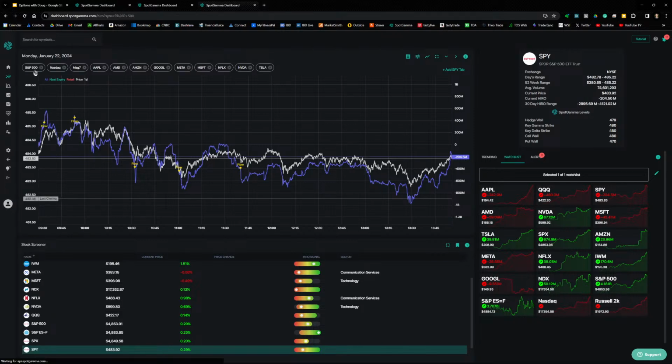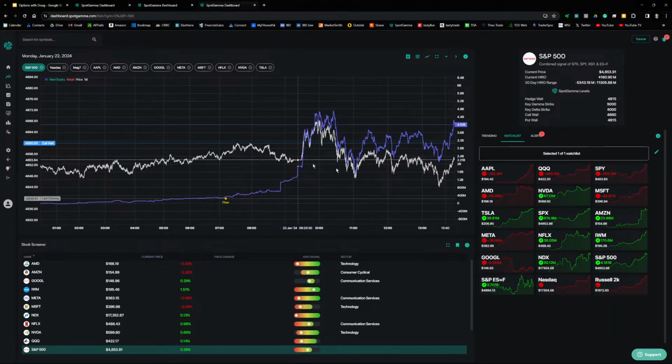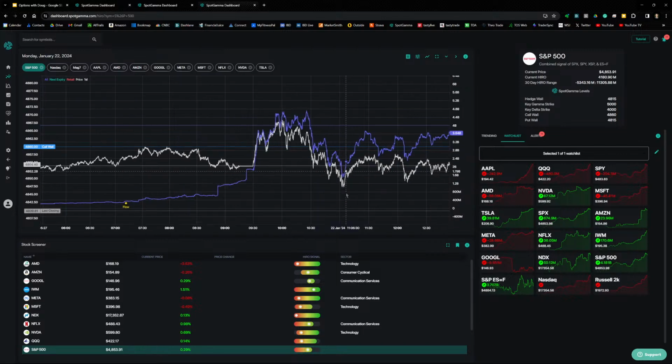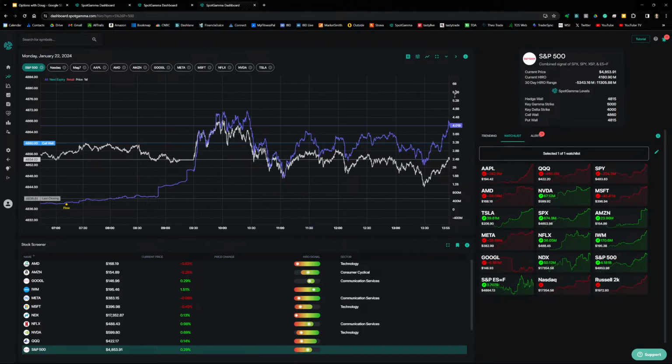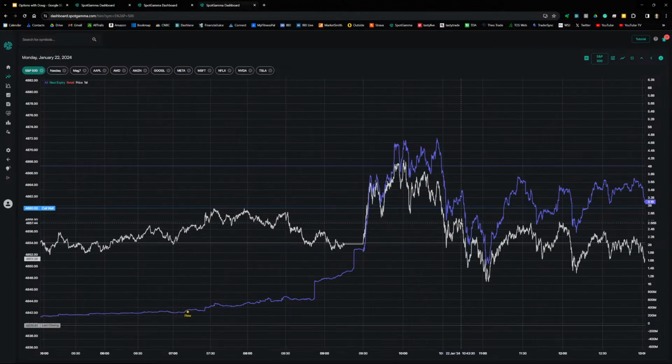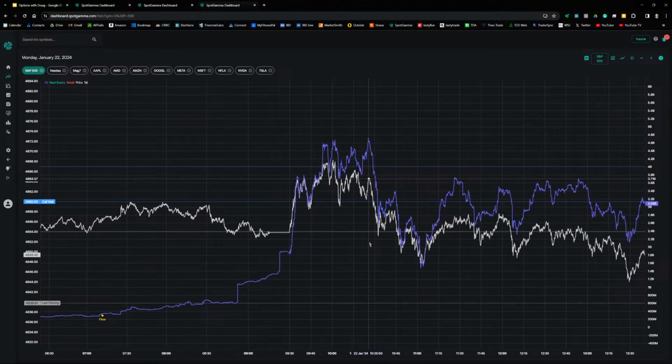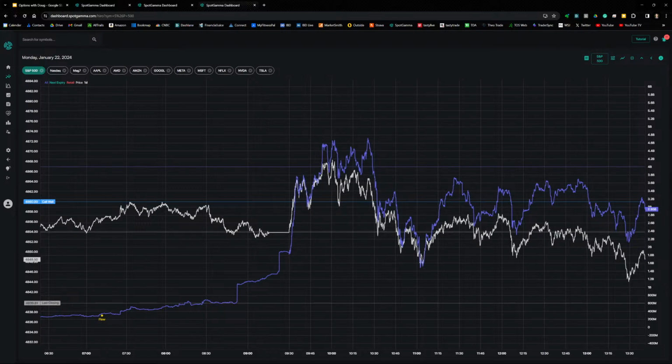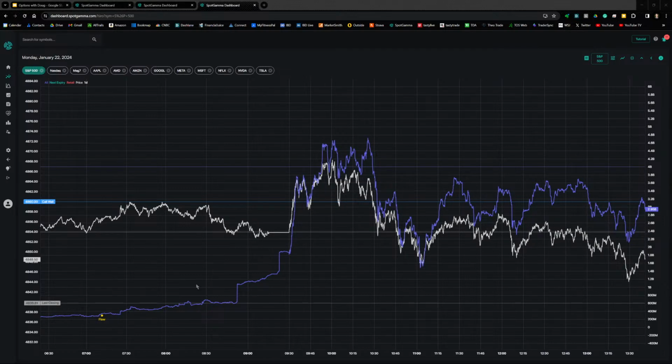This is what I use for the S&P 500. So I just want to show this, and this comes into play for the initial setup, which was a long that I'm going to talk about. So note this Hero Signal really starts to ramp up right here, somewhere between 8:30 a.m. and 9 a.m. Eastern Time.